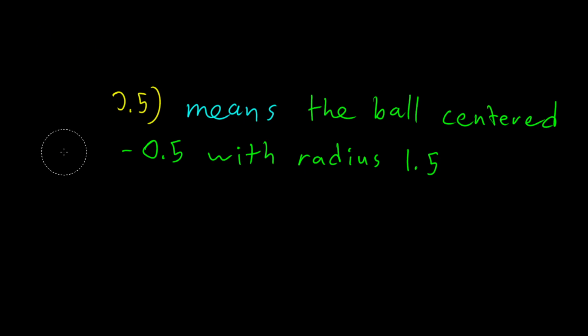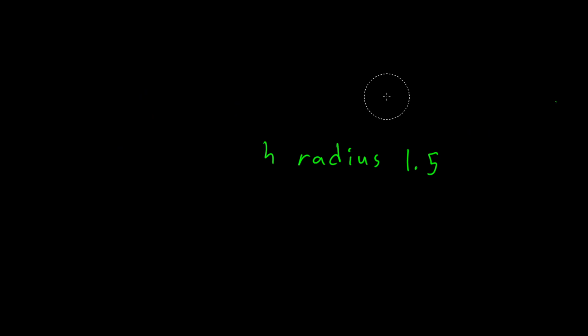Okay, so that's the notation. Let me think about what I want to cover next. I guess we go back to open and closed sets. So let's say we have our subset U again.